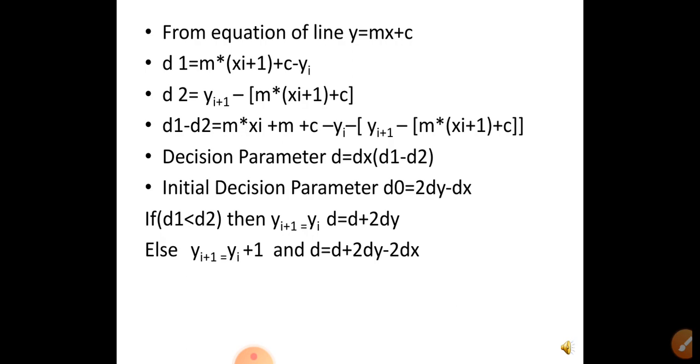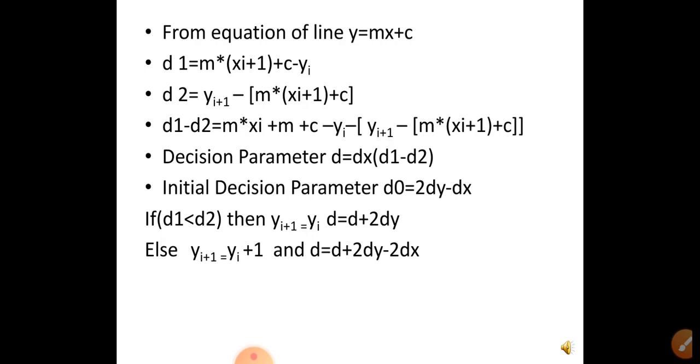One question that may come to your mind: sir, what is the value of the decision parameter at the starting? We know the actual x point and actual y point at the initial position x1 y1, but how can we determine which pixel to select next? So the decision parameter at the starting position is 2 into dy minus dx.